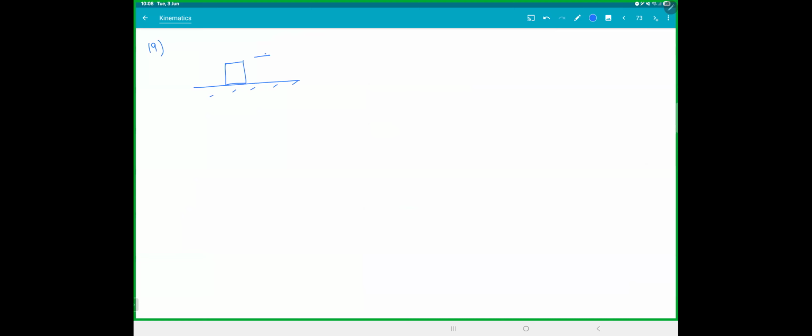This would be a proper Mains question. Let's say we have a vehicle going with u 10 meter per second. Acceleration is 2 meter per second square. The vehicle has initial speed 10 meters per second forward and acceleration 2 meter per second square backward.